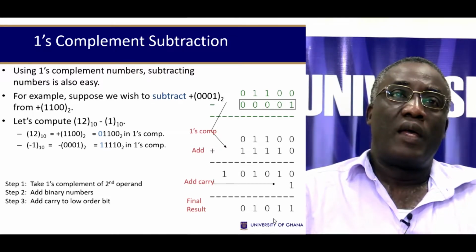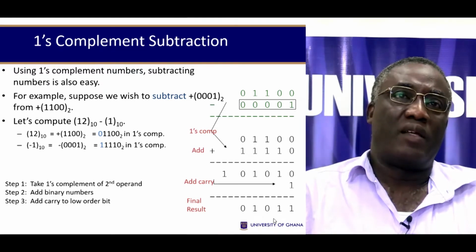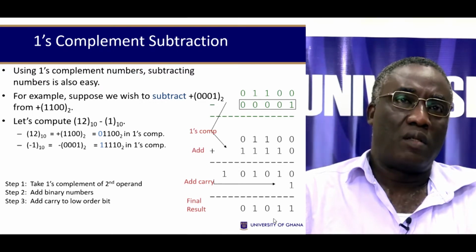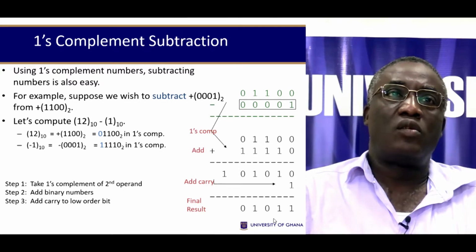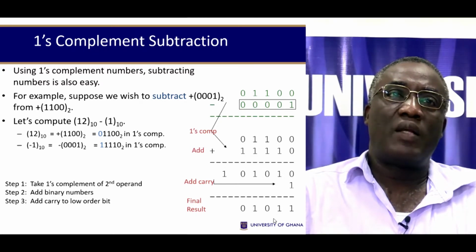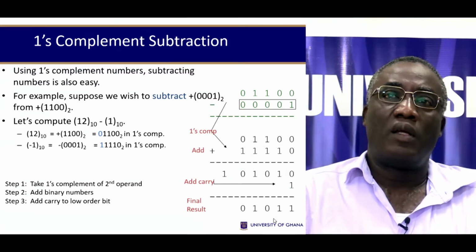Because now you are subtracting the 1, that 1 is a negative number. So the 1's complement of it is to convert all the numbers into what? Into the opposite. So you change them. So it means that you have your 0, 1, 1, 0, 0, and then you add the 1's complement of the minus 1, because you are subtracting 1.